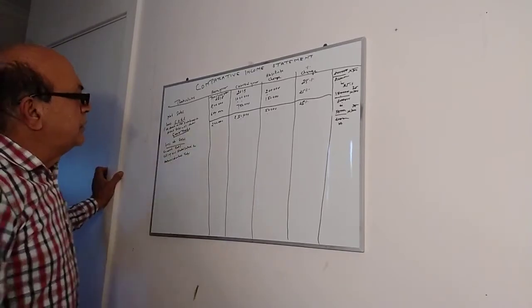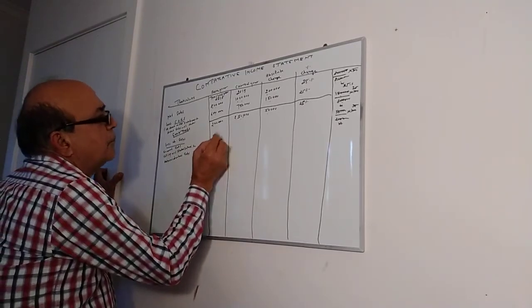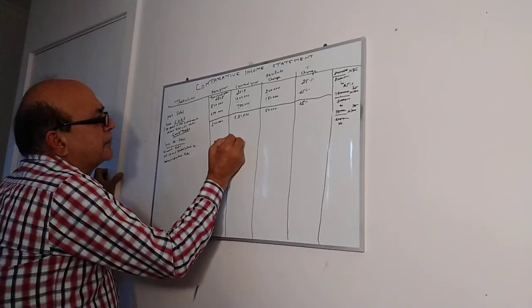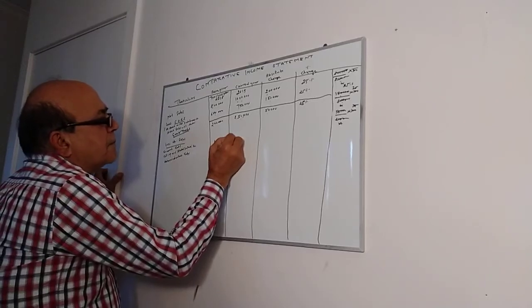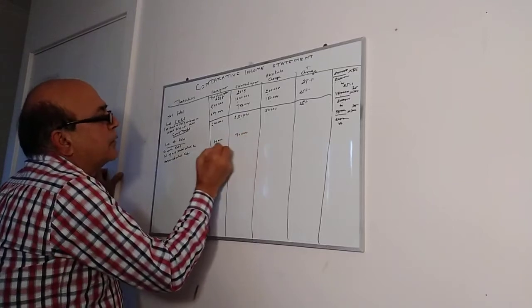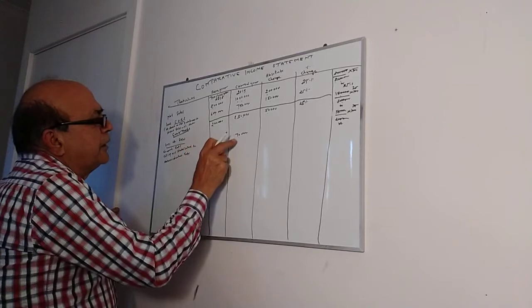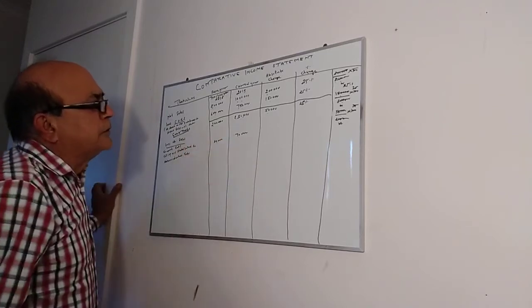Suppose the total of this is 80,000 here, and here it is 70,000. Now, from 80,000 it has decreased to 70,000.